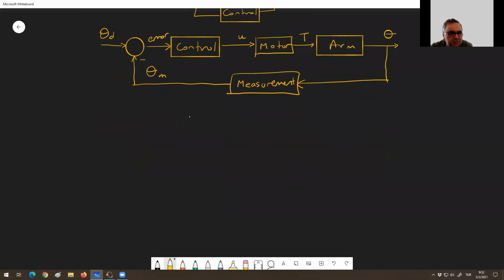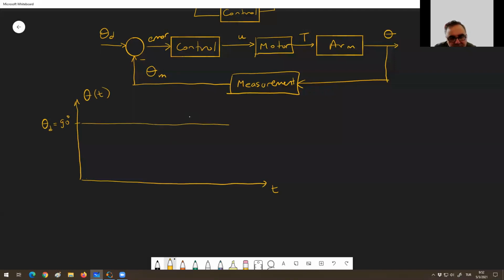So the typical response would be this. This is theta of t. If you design the control system well, this is the time response. This is the desired value of theta, which is like 90 degrees. Let's say it doesn't have to be 90 degrees. And then there is a family of responses actually.